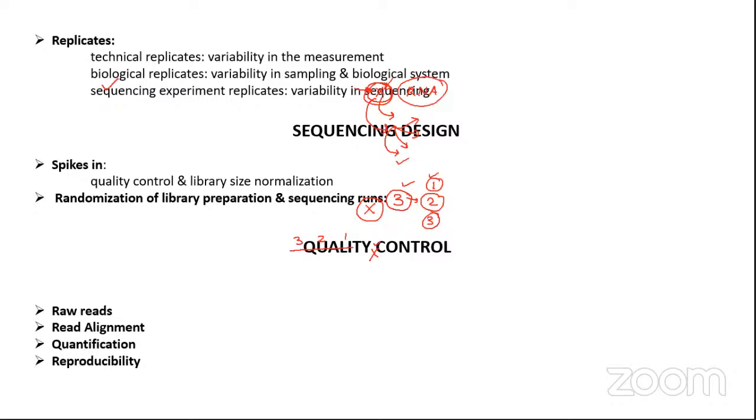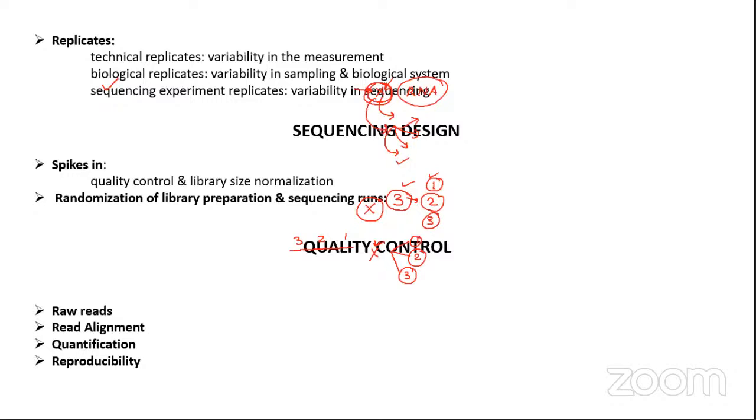That is biological variation, and we cannot avoid this biological variation. So what do we do? We take one sample, we divide it into 3 portions, and then we call them replicates.